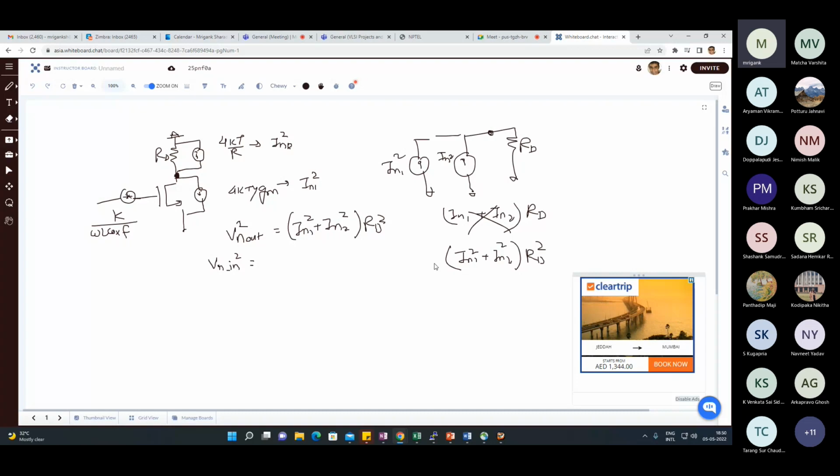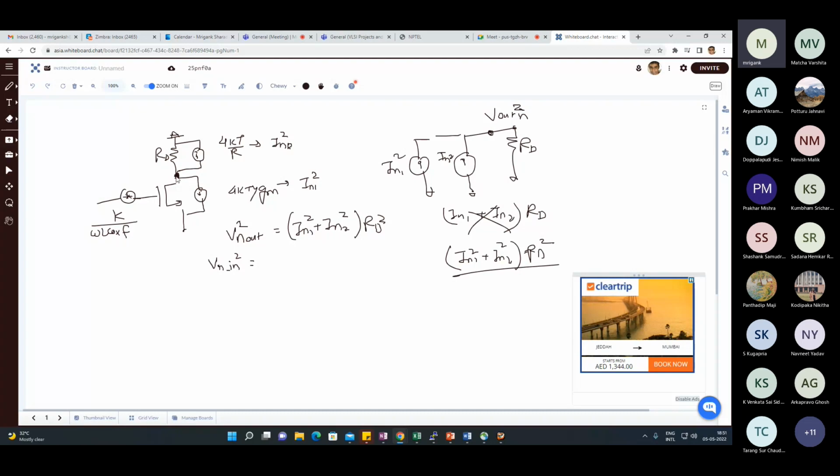So in this case, the overall output noise voltage Vn out square, where n just denotes noise, is going to be multiplied by RD square. The same concept we are applying here.